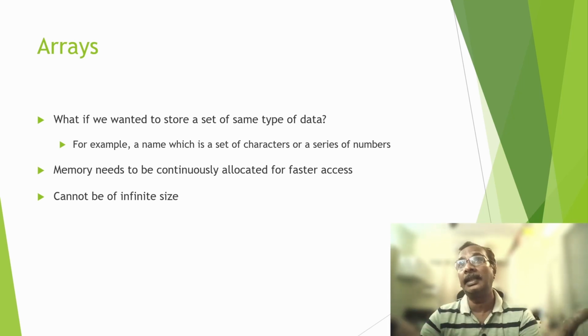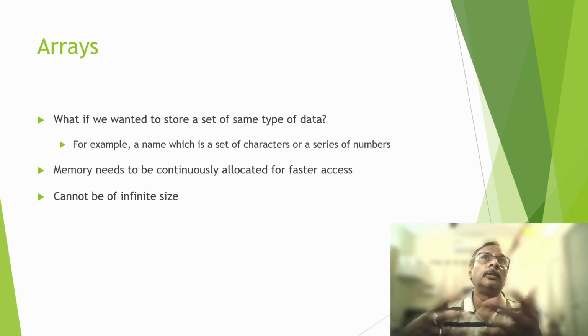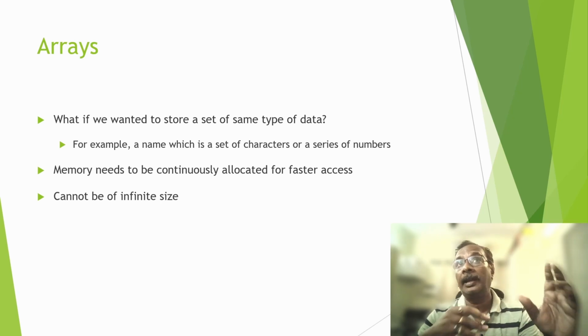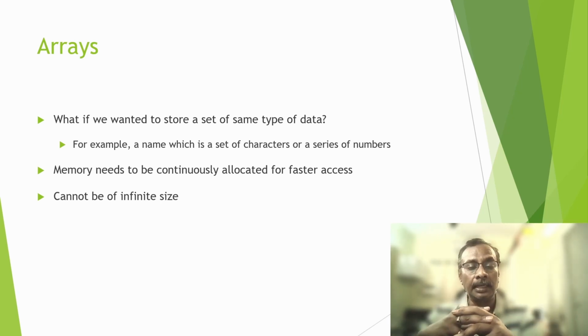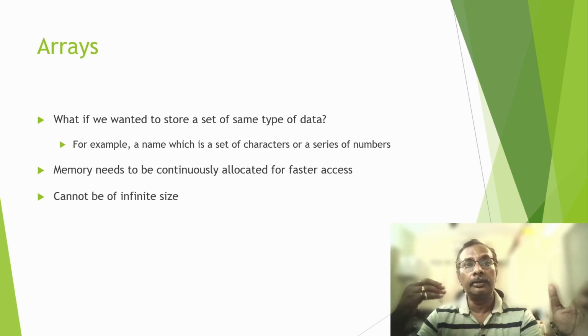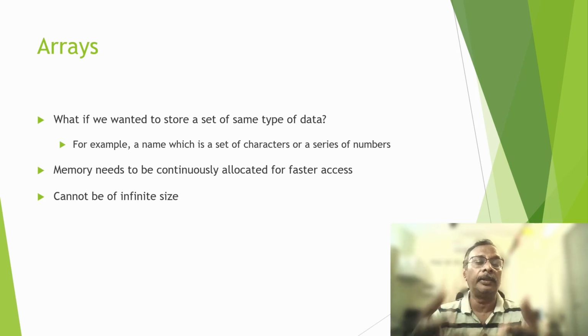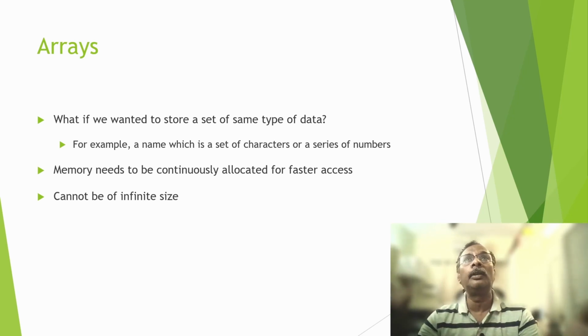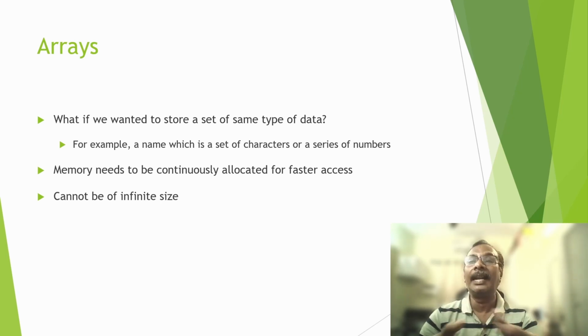If you want to store a sentence, maybe 100 or 200 characters. If you want to store a paragraph, maybe 500 characters. If you want to store an entire page, maybe 2,000 or 3,000 characters. But if you want to store an unlimited amount of characters, then arrays will not work, right?